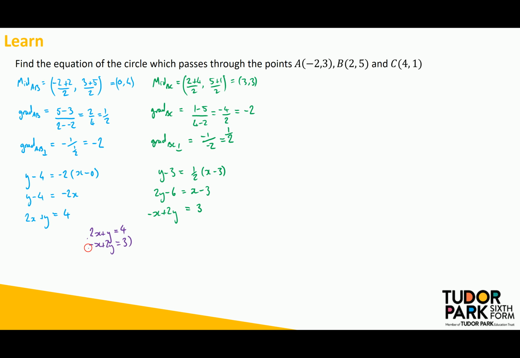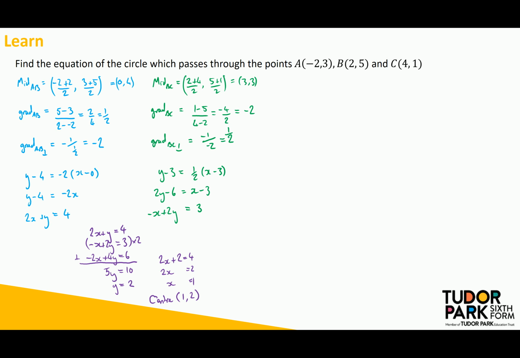So I'm going to take all of the second equation, multiply it by 2 to give me negative 2x plus 4y equals 6, and then I'm going to add that to the top equation so the x will cancel out, and that will give me 5y is equal to 10, which is going to tell me that y is equal to 2. Now substituting that back in, I'm going to choose the first equation, so 2x plus 2 is equal to 4, so that becomes 2x is equal to 2, and x is equal to 1. So the coordinates for the centre of my circle are 1, 2.